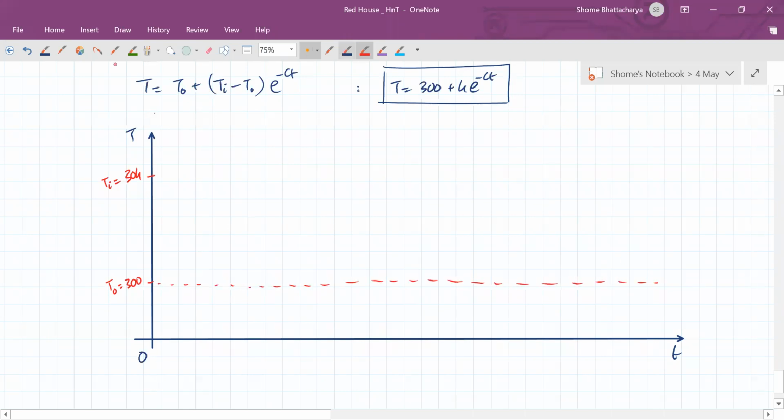Now when we look at the temperature versus time relation, because it's that exponential kind of graph, you can see that when it reaches this midpoint, the temperature is, let's say, 302, and then the further midpoint of this, or the 1/4 point, the temperature becomes 301.